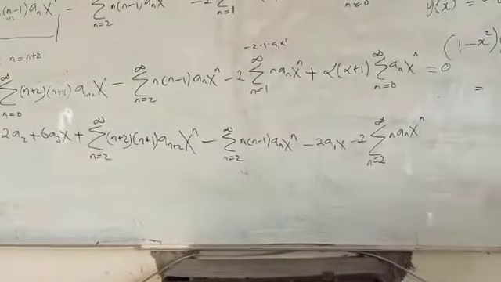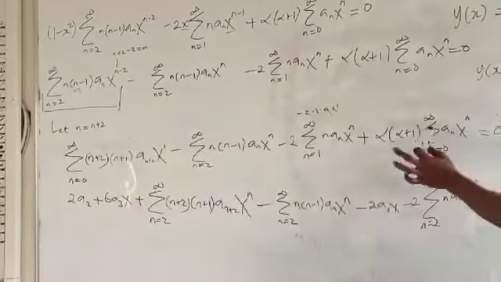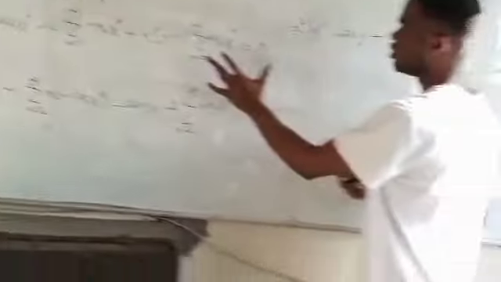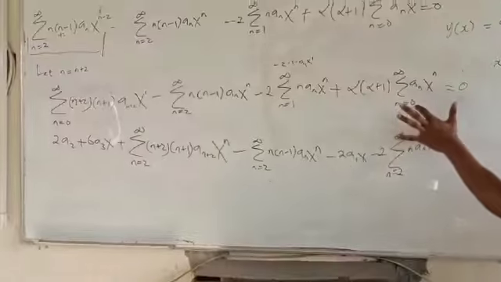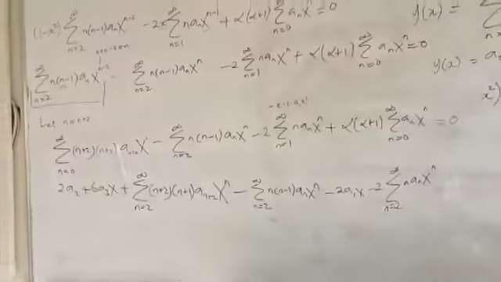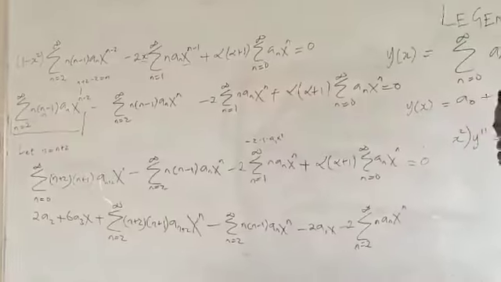So the next one we are going to touch is the last one. So it starts from 0. Our aim is to increase it from 0 to 2. As we did with the previous ones, we are going to apply when n is equal to 0 and when n is equal to 1.